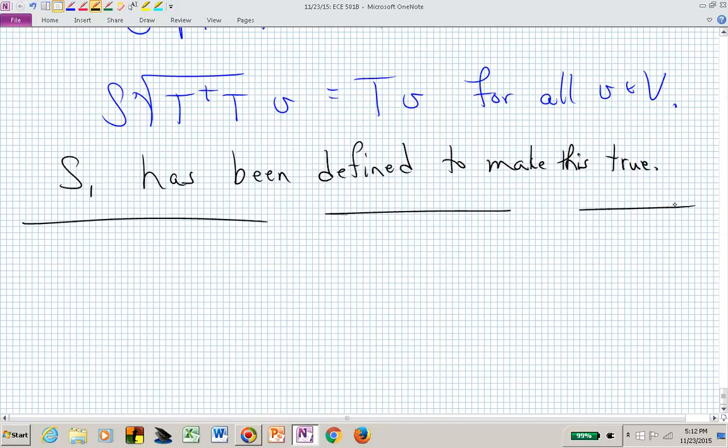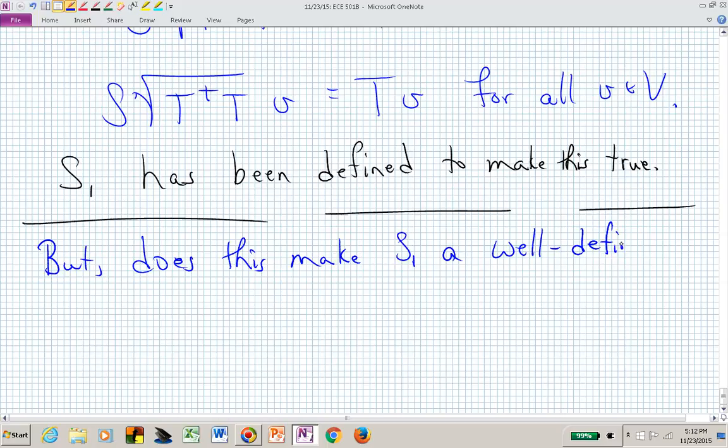What we want to do now is see if S1 is nice. Is it behaving the way we want it to behave? But does this make S1 a well-defined linear map?